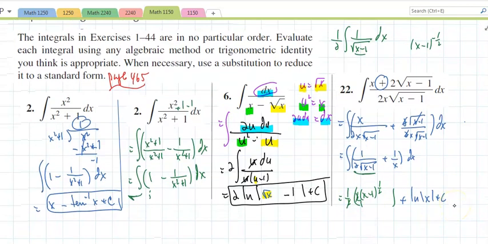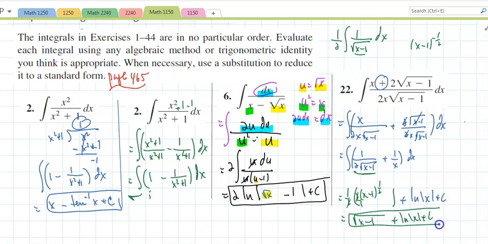So pretty much I'm looking at 2 times the square root of x minus 1 plus natural log of x plus c. Now, if you're not seeing that, I suggest you practice a u sub and play with that until you start seeing this.